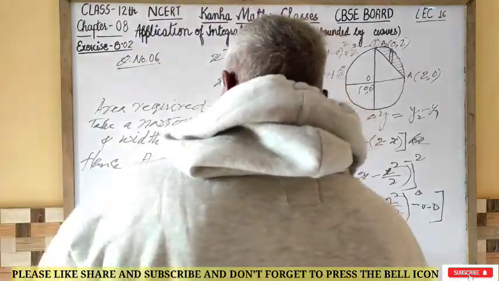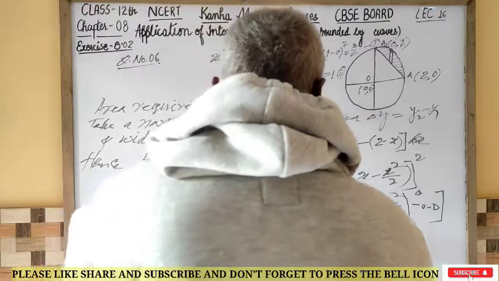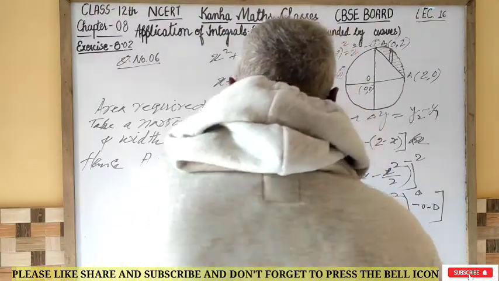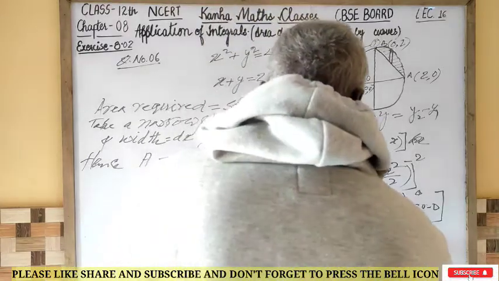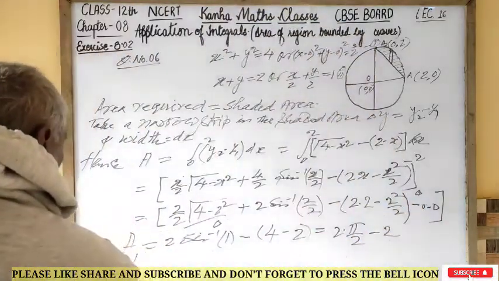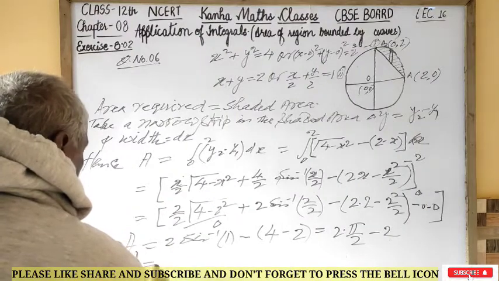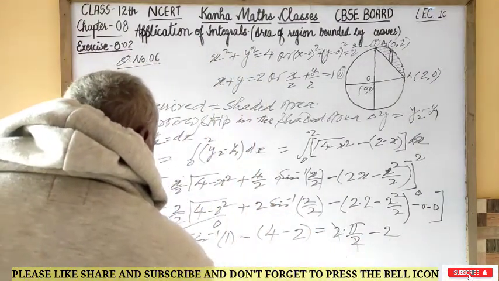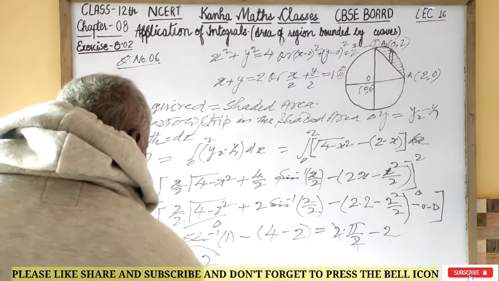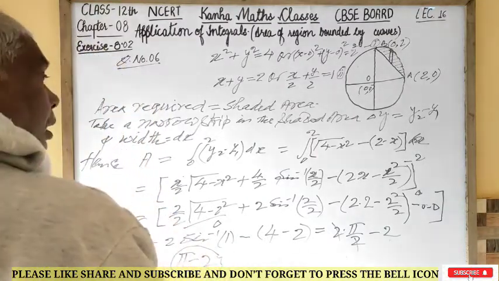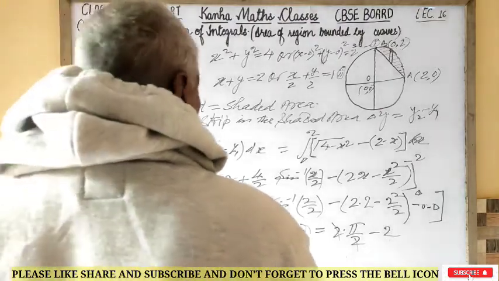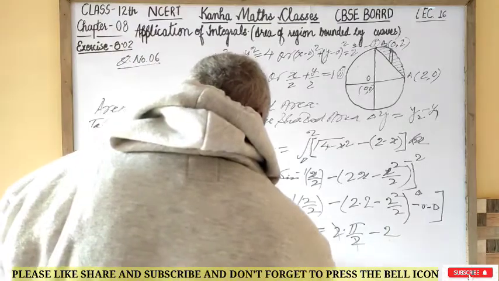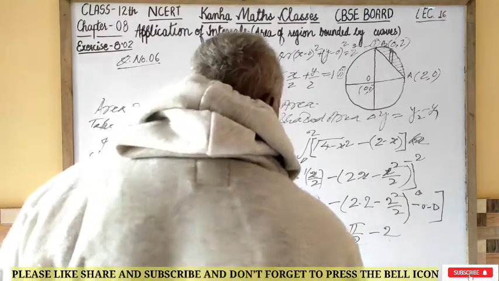This will become 2 times pi by 2 minus 2, that is pi minus 2. This is the requisite area of the region bounded in between two curves, and the correct option is B.